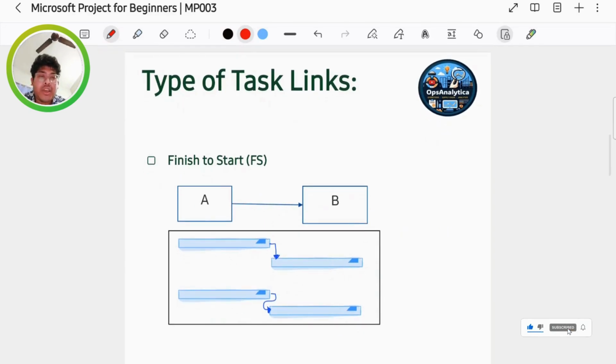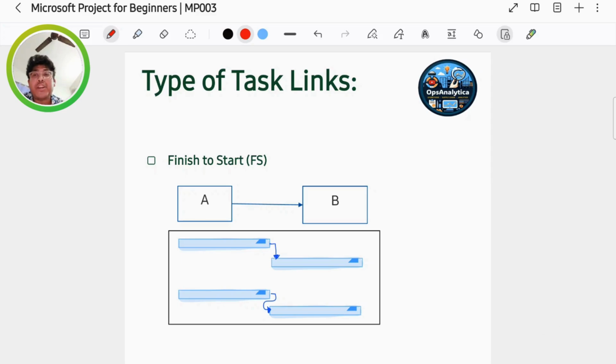Type of task means, whenever we are working on any 2 or 3 tasks, we may say that I have 5 tasks, and this task should be done during this time, and that task between that time. But if we follow that structure, we will not be able to understand which task should start first and which should start after which.